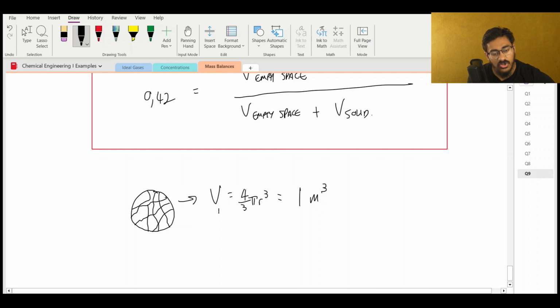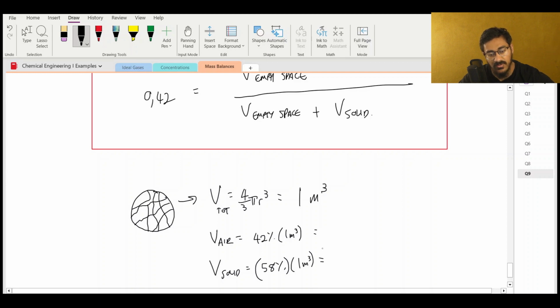That is the total volume occupied. But the volume occupied by air is going to be 0.42 or 42% of that 1 cubic meter. And the volume of actual solid alumina is going to be 1 minus 42 or 58% of the 1 cubic meter.